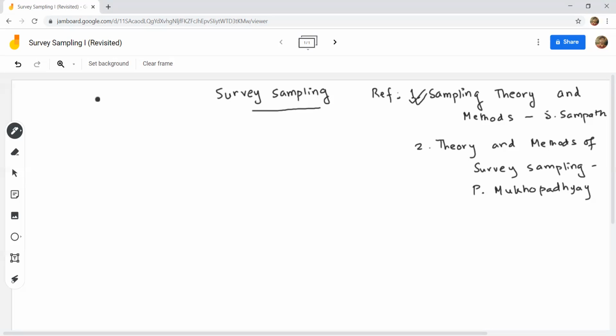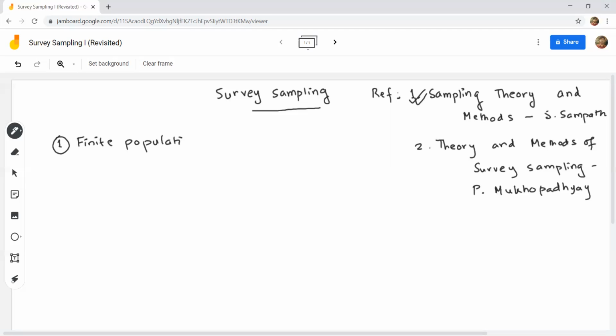So basically, we will be talking about some notations and terminologies used in survey sampling. First of all, we'll talk about something called a finite population. Till now, we generally talk about population as a huge countable set.